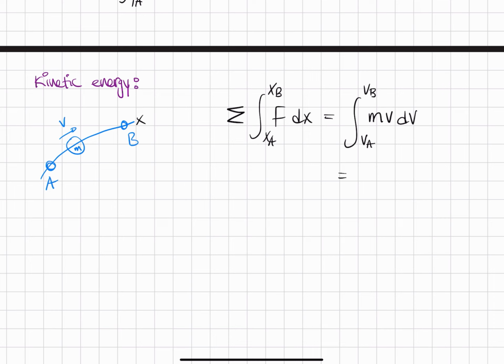So going from A to B, what you end up with is 1/2 mvb squared minus 1/2 mva squared.